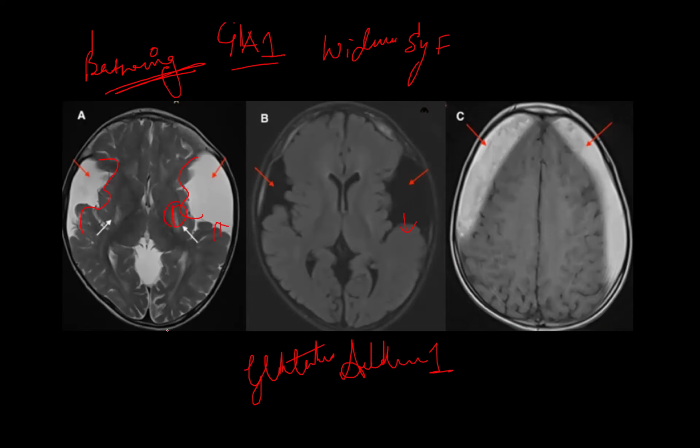So the condition which is having basal ganglia hyperintensity along with widening of the sylvian fissure is glutaric aciduria type 1. And in this example, you can see there is hematoma. So what happens is because of widening, there can be rupture of the veins. So it will cause the hematoma. So this is the diagnosis of GA1.